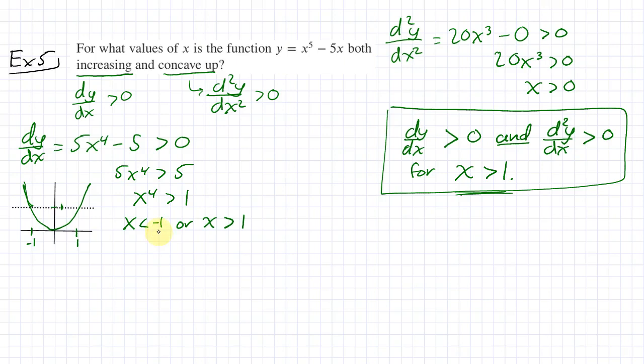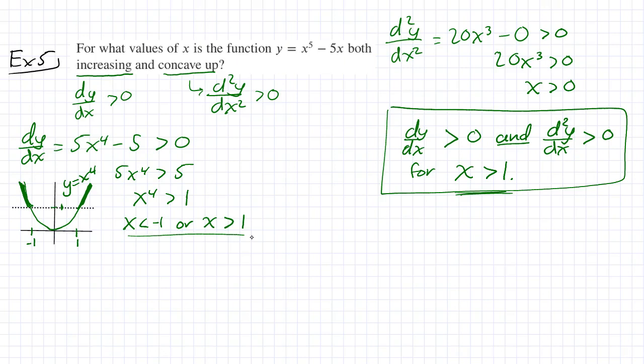So for example, -2 to the 4th power is +16, and so I just like to think about this kind of thing by looking at a graph like this. There's values of x over here and values of x over here on your graph of y equals x to the 4th. So that tells you when the first derivative is positive.